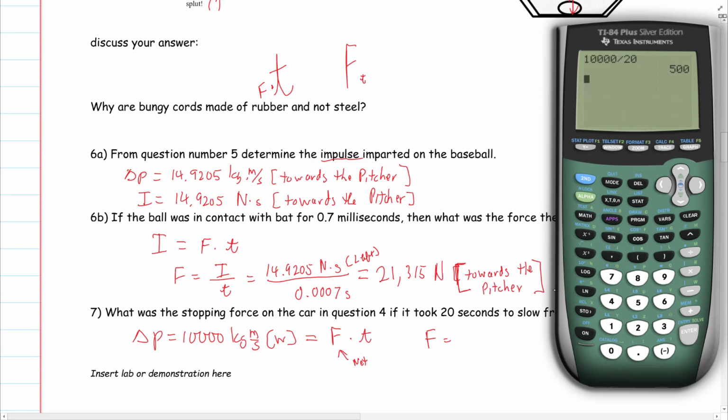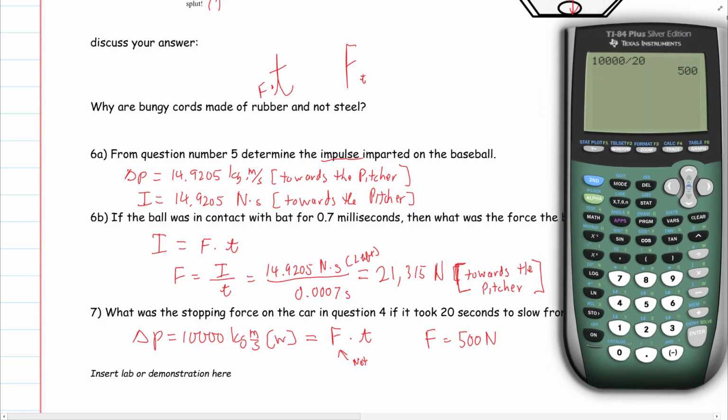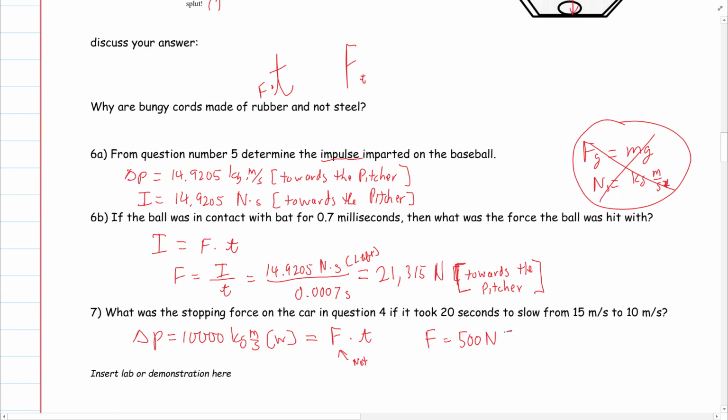And it was a force of only 500 newtons. Now, careful, that was to the west. The car's heading east, but slowing down. There's a force slowing it down to the west, and that's it.